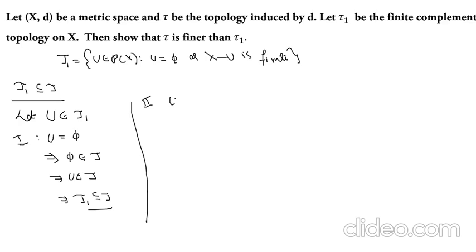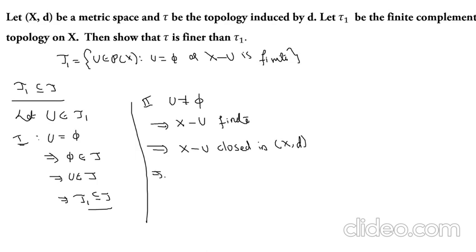Second case: U is non-empty. U not equal to phi means X minus U is finite, by the definition of the cofinite topology, since U is from tau 1. And we know that X minus U being finite means X minus U is closed in (X, d).